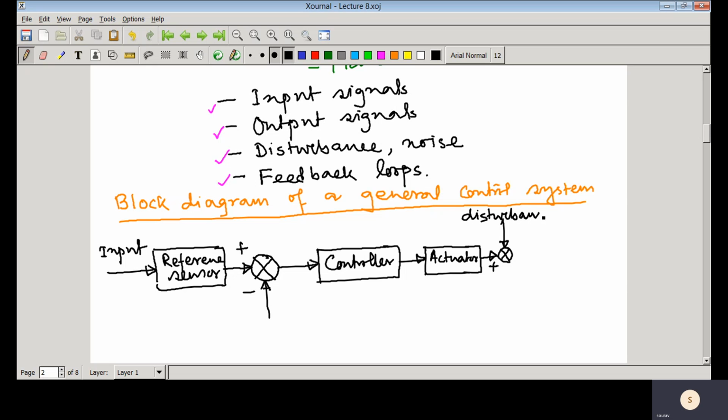In between the actuator and the plant, disturbance may enter the system.